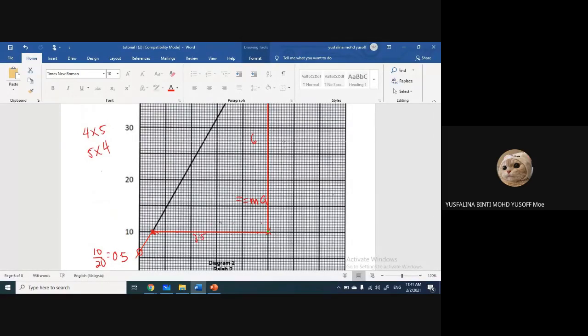Your triangle, the minimum, should be 4 on this side or 5 on this side. So are you clear? Anything you want to ask teacher? I don't think so, so you understand.